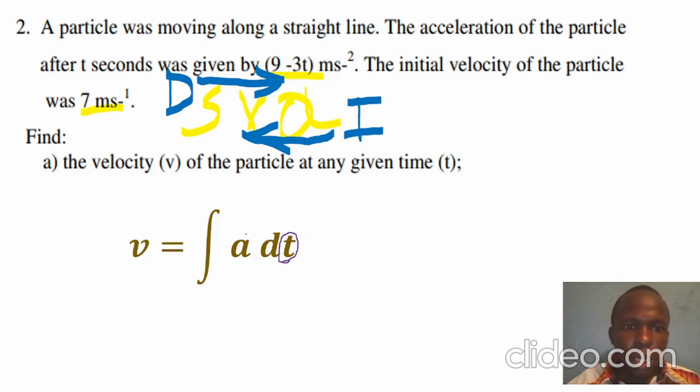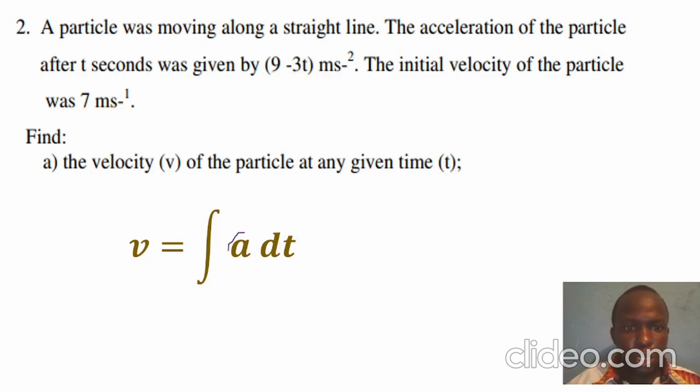To make sure that we are doing the integration with respect to t, we have to do the substitution. We bring the whole acceleration function and substitute here. After doing the substitution, the integration process can proceed.